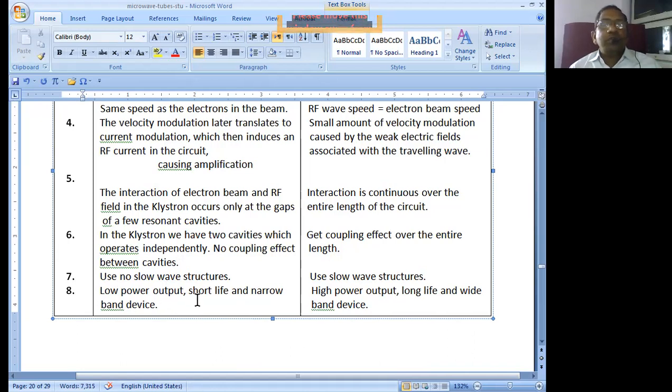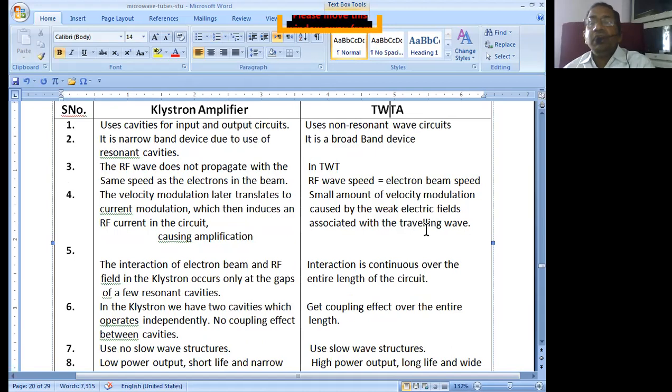The klystron amplifier gives low power output, short life, and is a narrow band device. Whereas the TWT produces high power output, gives long life, and is normally used for wideband applications.